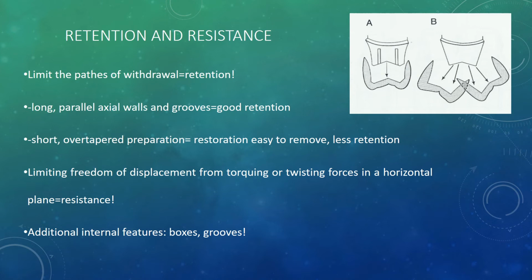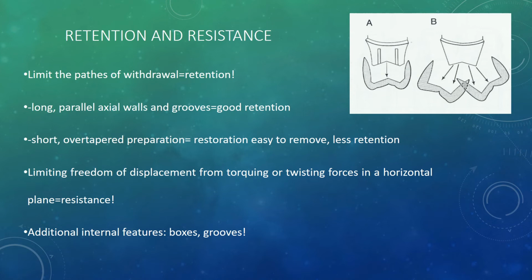Coming to the continuation of the same: it limits the path of withdrawal. It actually gives retention if you have a proper taper and any retentive component that is required. Long and parallel axial walls and grooves give us good retention.